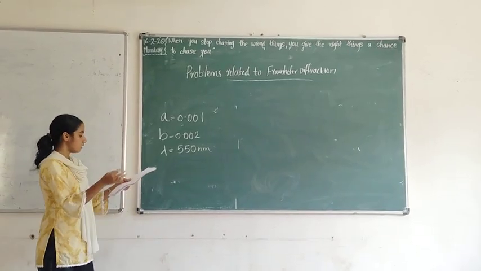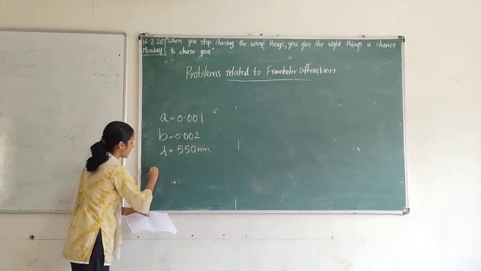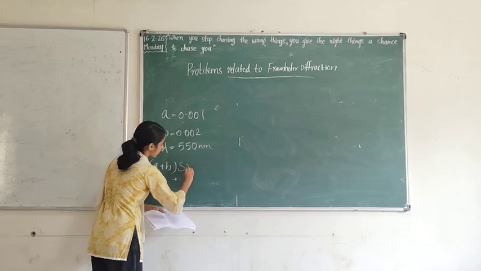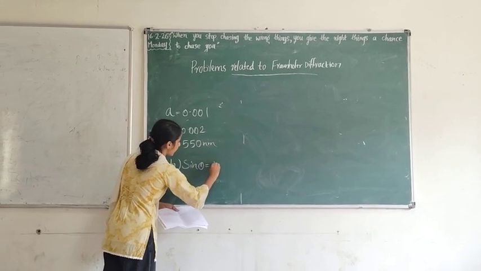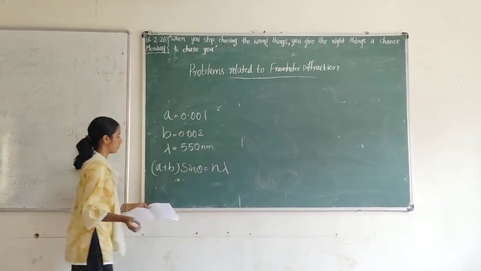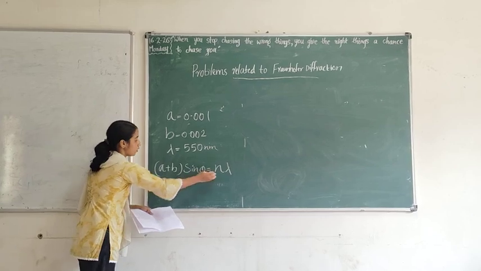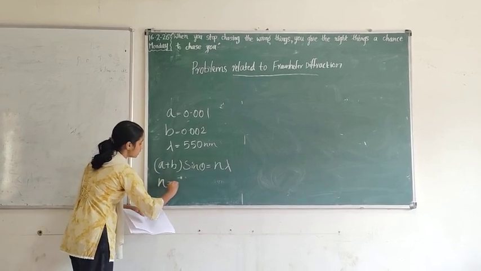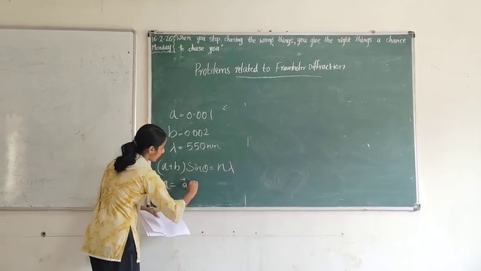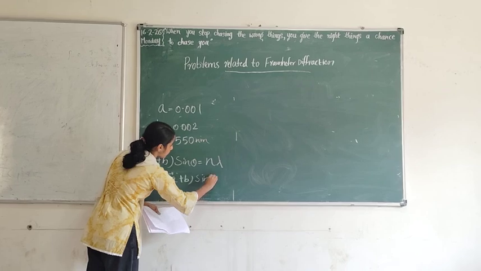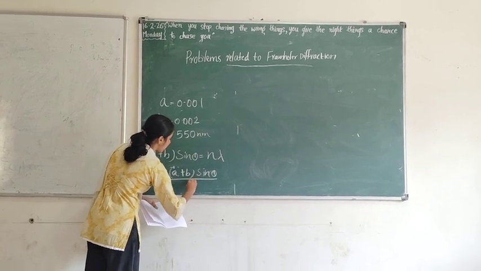So we know for grating (a plus b) sin theta is equal to n lambda. Here we want to find the order, so rearrange the equation: n is equal to (a plus b) sin theta divided by lambda.